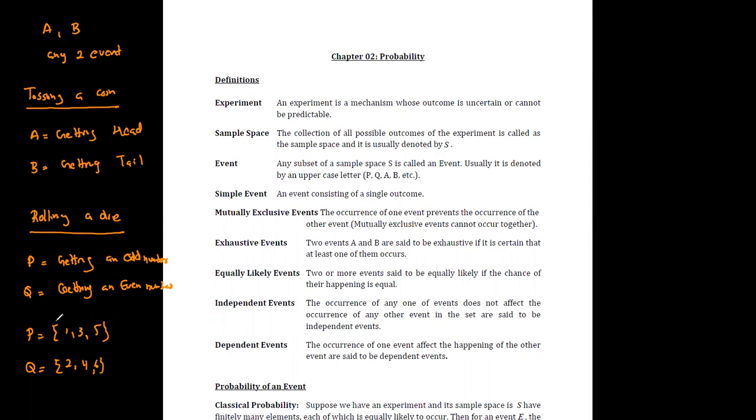Since there are no common elements, we can say that P and Q are mutually exclusive events.